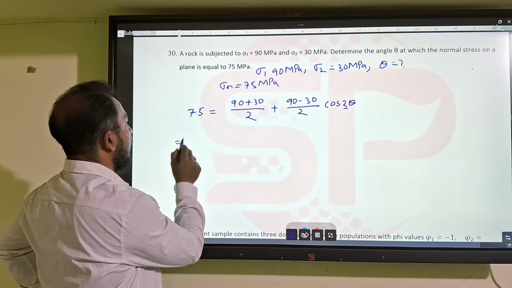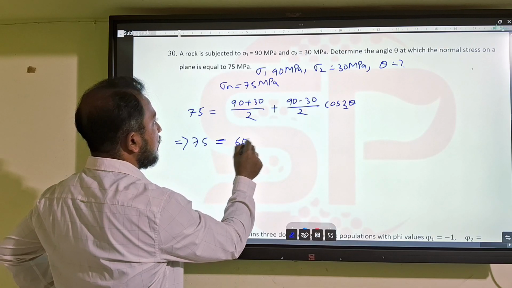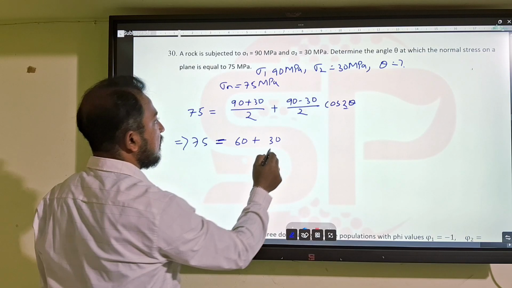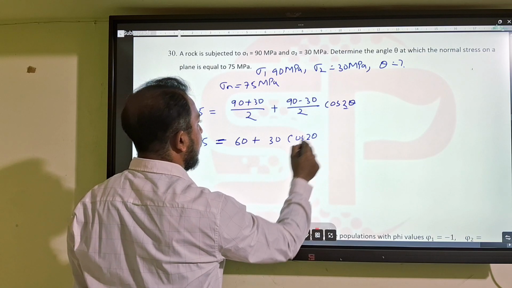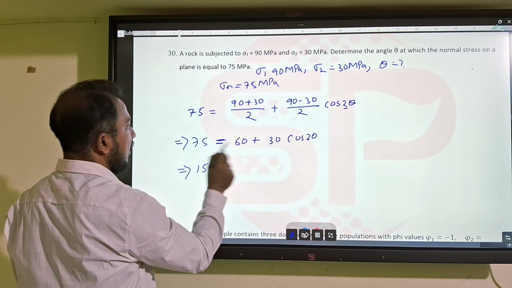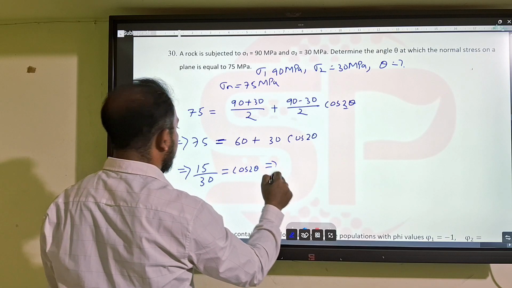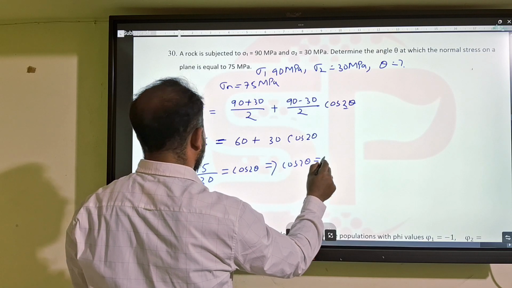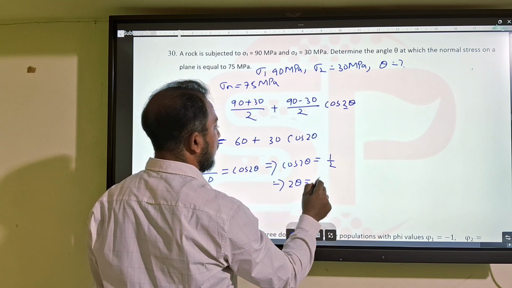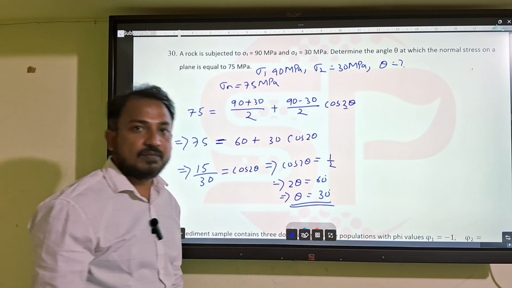So it will be 75 equal to 60 plus 30 cos 2 theta. So 75 minus 60, 15 divided by 30 equal to cos 2 theta. So this implies cos 2 theta will be 1 by 2 or 0.5. That means 2 theta will be 60 degree, means theta will be 30 degree.